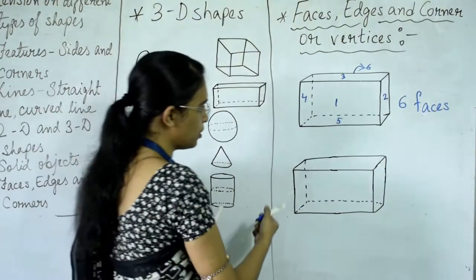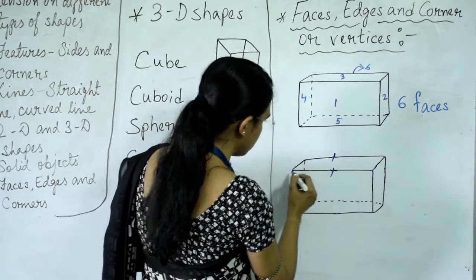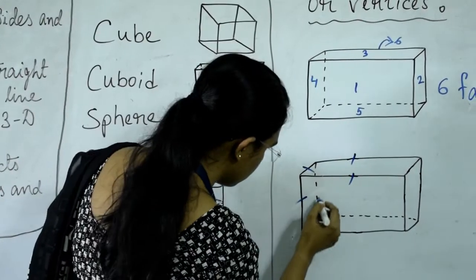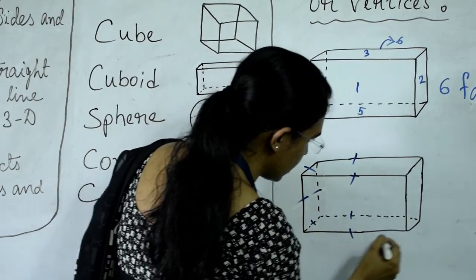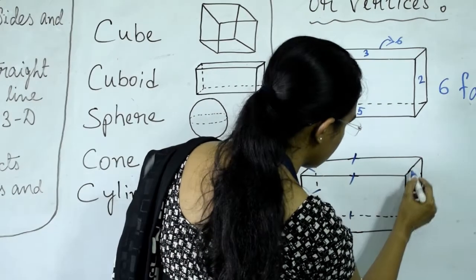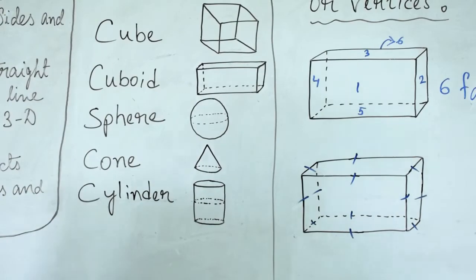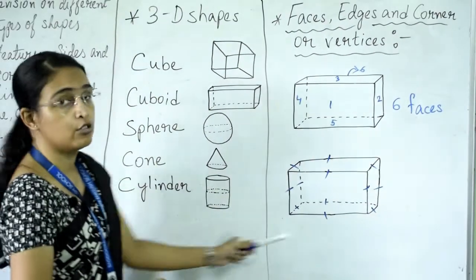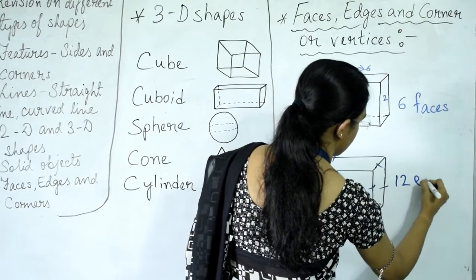So a cuboid has how many edges? Let's count. 1, 2, 3, 4, 5, 6, 7, 8, 9, 10, 11, 12. So a cuboid has 12 edges.